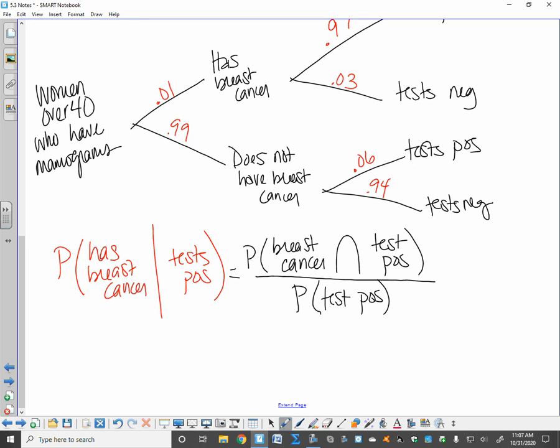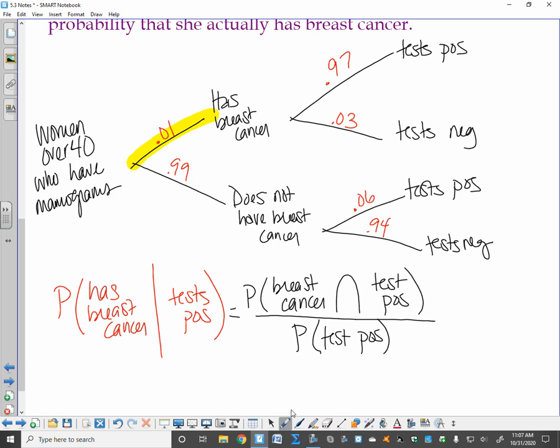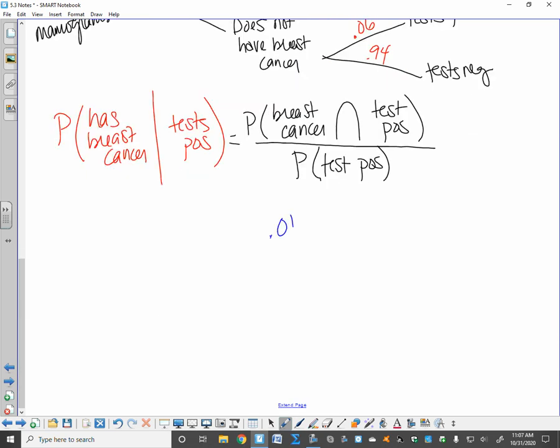Okay, so breast cancer and testing positive, if I look at my tree, which lines this up so nice, has breast cancer and tests positive. So that's 0.01 times 0.97.